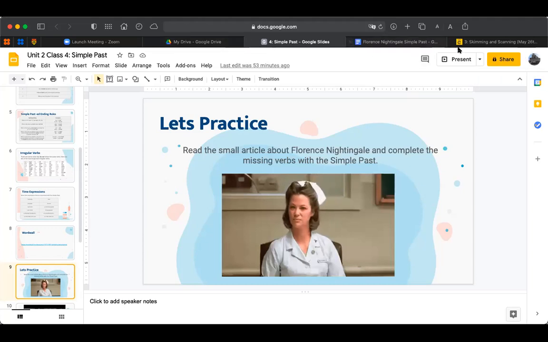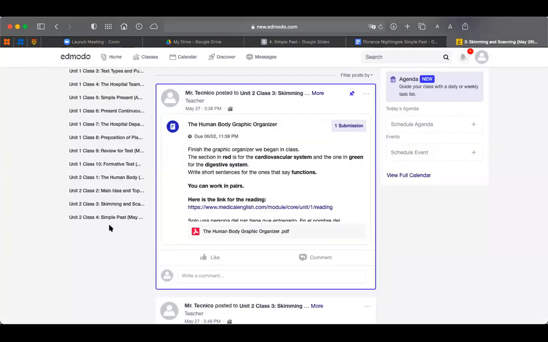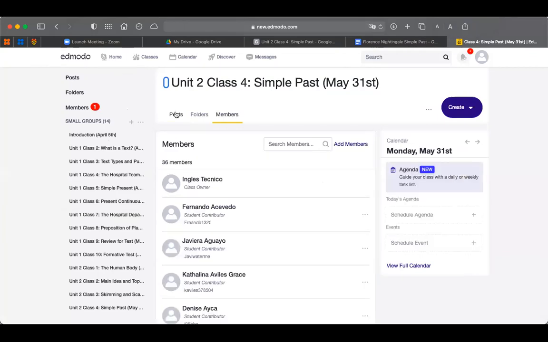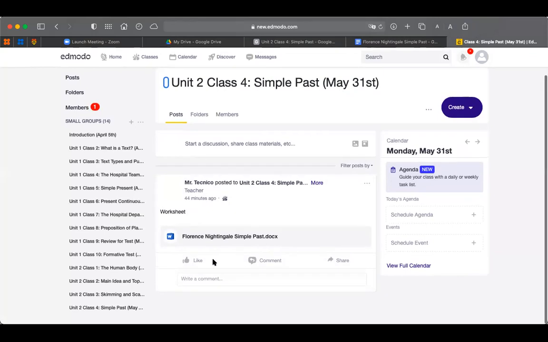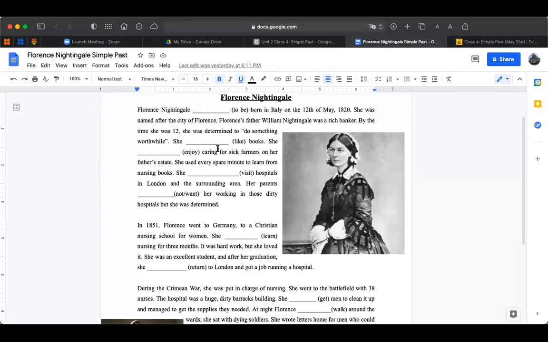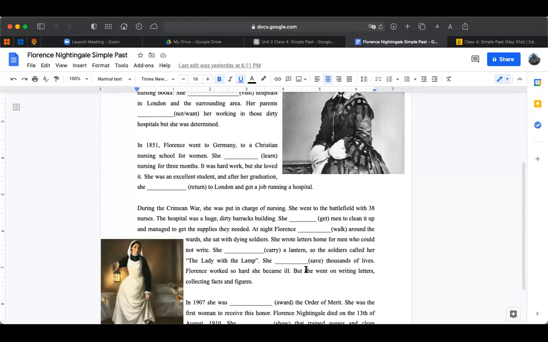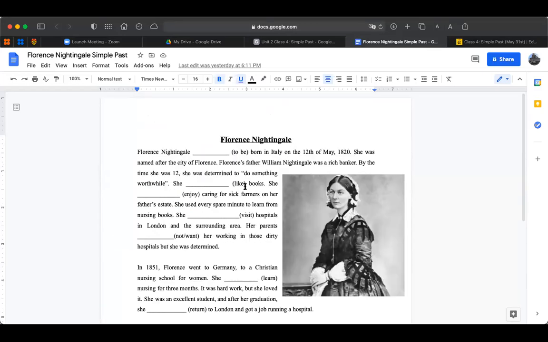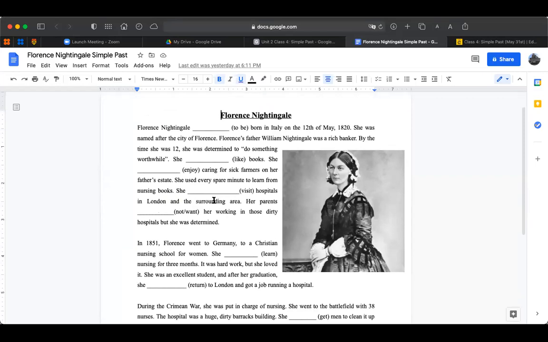So, en Edmodo, si van a la clase de hoy día, unit, no sé si lo agregué. Sí, sí están. Yeah. There's a document here in Edmodo that you have to download. Se ve así. Le faltan los verbos in simple past. So you guys have to complete that in breakout rooms, and then we're going to read it all together here and write the correct answers. Okay?